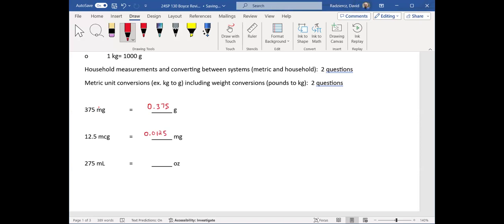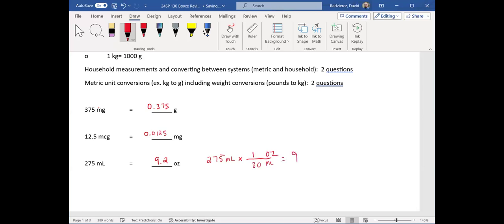Now for this one, this is 9.2 ounces. Okay. You would round to the nearest tenth. Where did I get that from? 275 ml. And then I'm going to convert milliliters to ounces. And I know that 1 ounce is 30 milliliters.